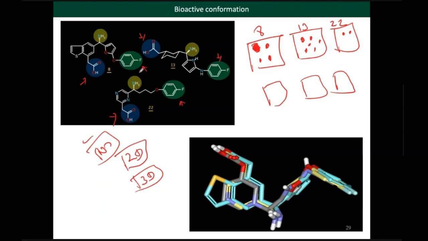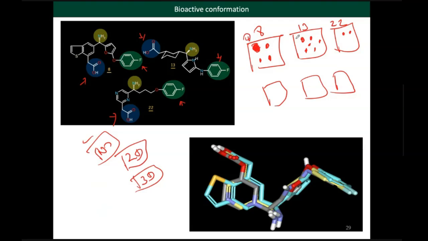What the algorithm actually does is identify which functional group is commonly present in all the molecules given in the data set. Again, I repeat, which functional group is commonly present in all the molecules in the data set. Secondly, it will try to superimpose each conformation of the molecules in all possible ways.